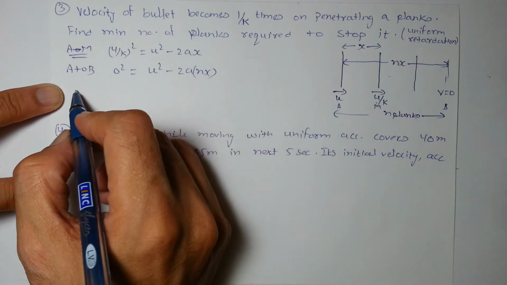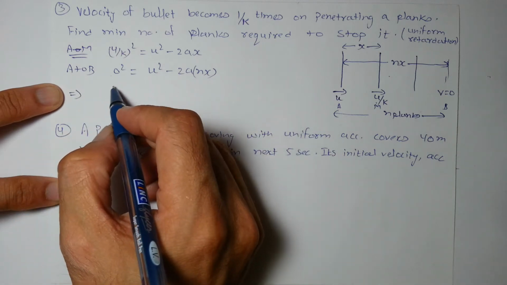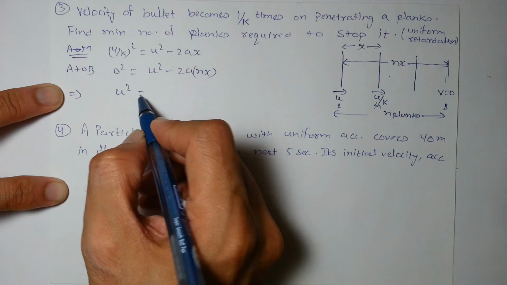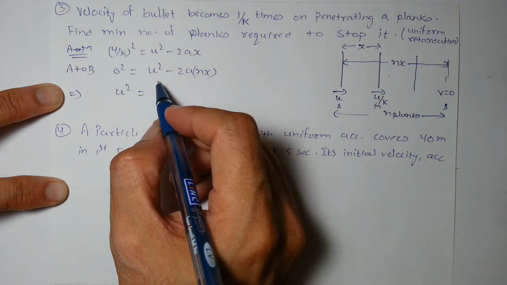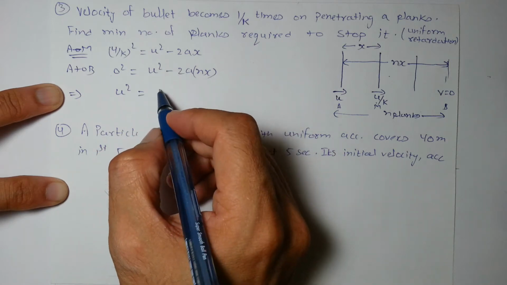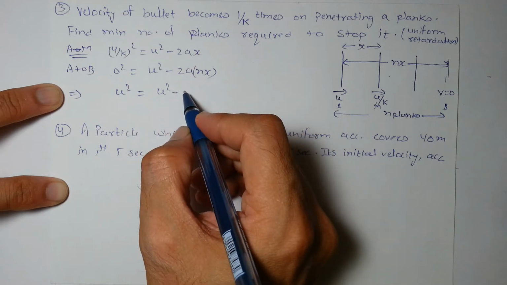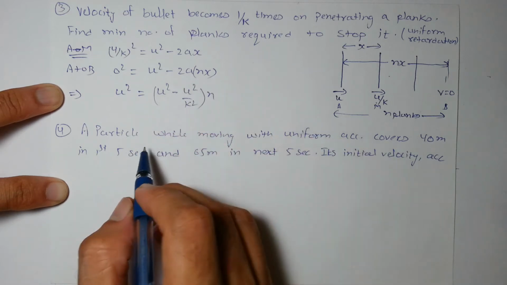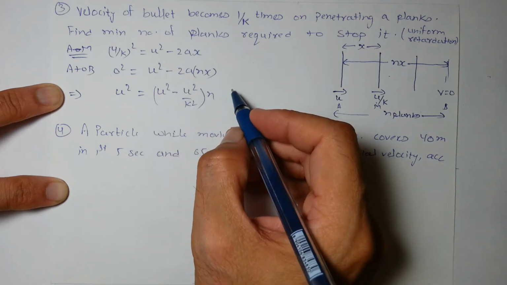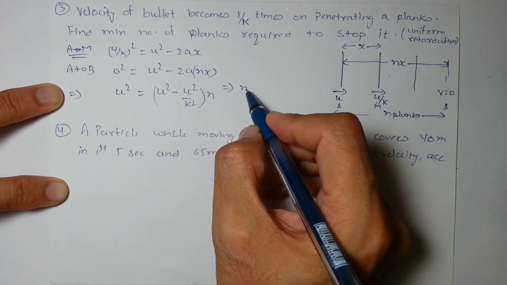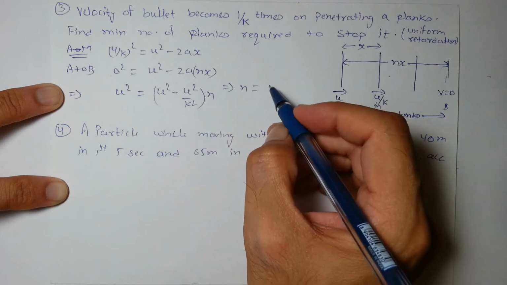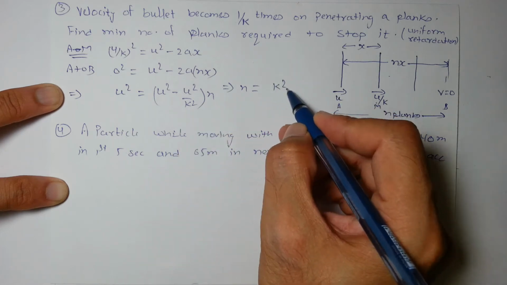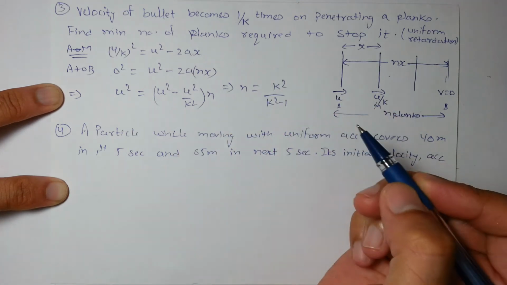We will get u square is equal to 2ax is u square minus u square by k square into n. Okay, just cancel u square, so we'll get n is equal to k square over k square minus 1.